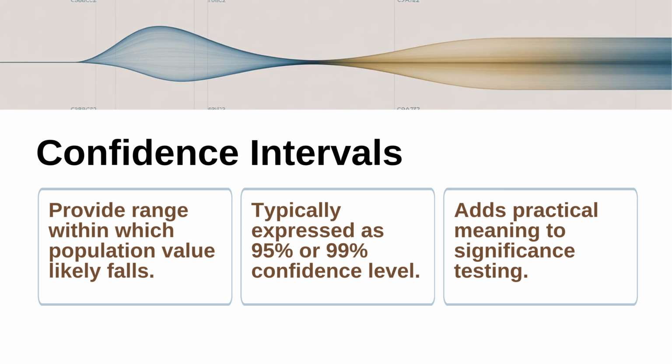For example, if the average BMI is 24 with a 95% confidence interval of 23 to 25, we can be 95% confident that the true population BMI is between those values. This adds practical meaning to significance testing, helping us interpret how results apply in real life.